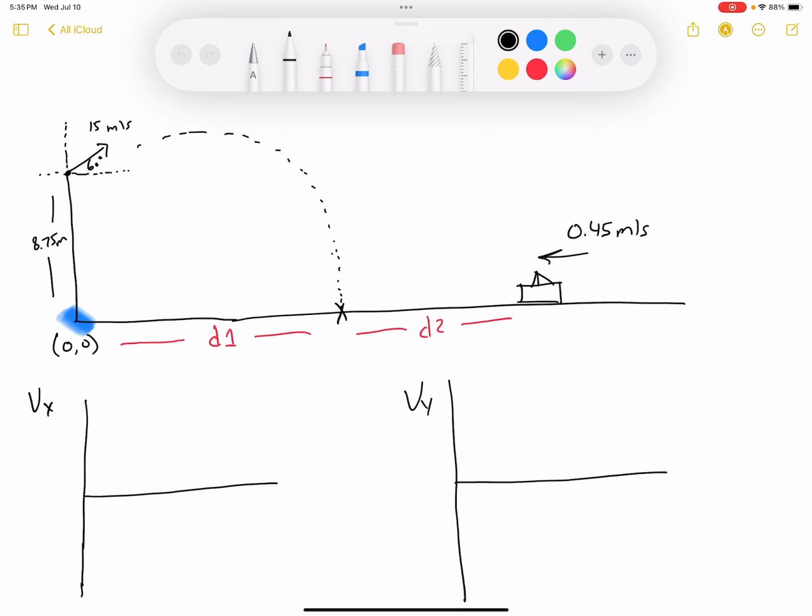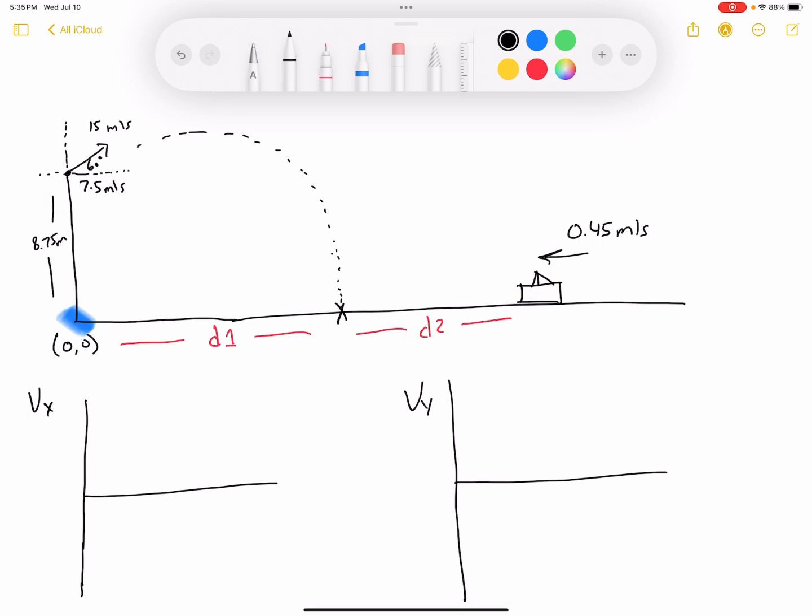Cosine, of course, is adjacent over hypotenuse, whereas sine is opposite over hypotenuse. So 15 times cosine of 60 equals 7.5 meters per second.